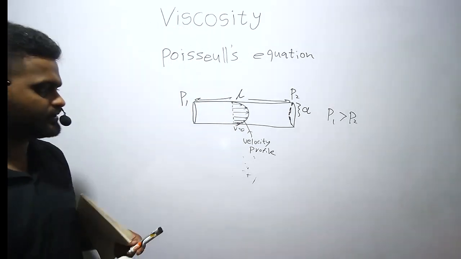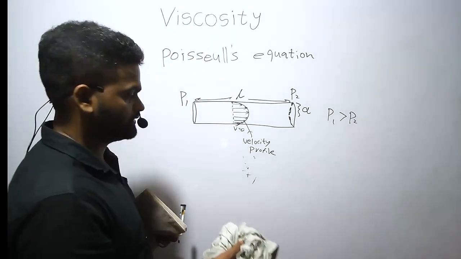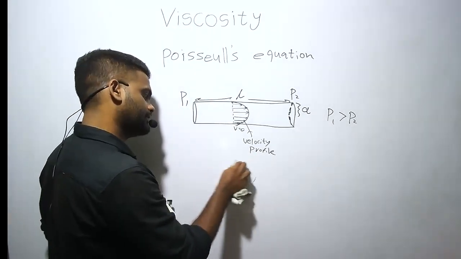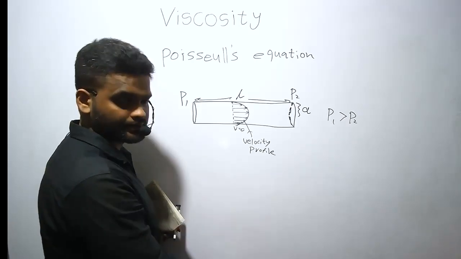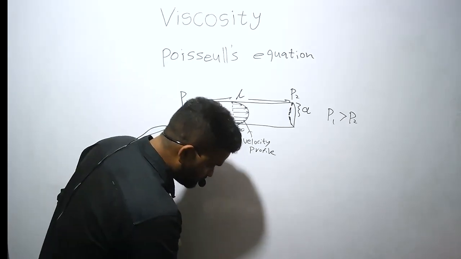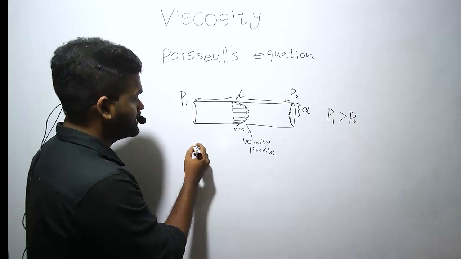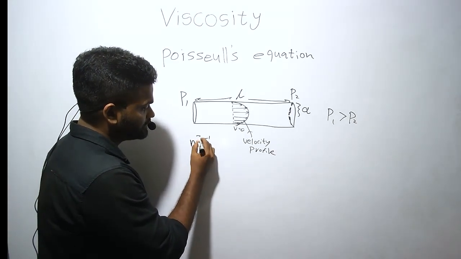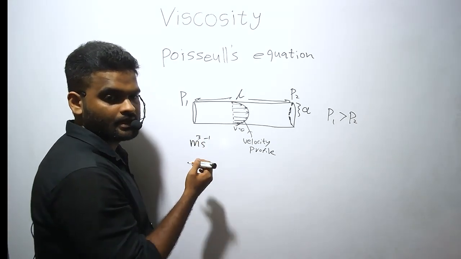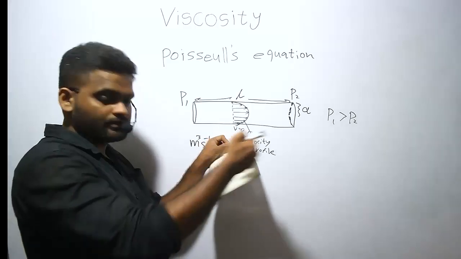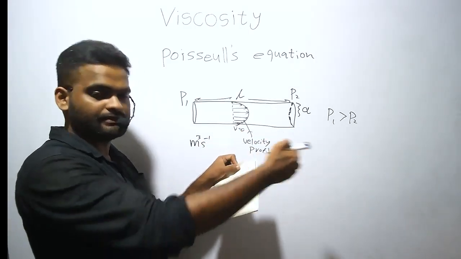Actually, the scientist Poiseuille found these. Volume flow rate means cubic meters per second, volume divided by time. How much volume of liquid flows within a given time?